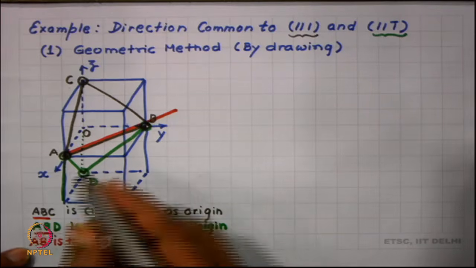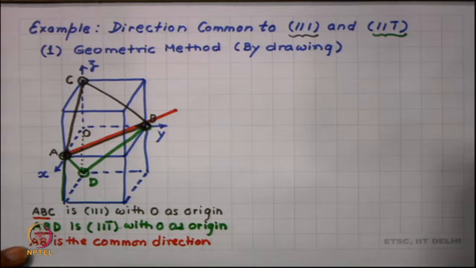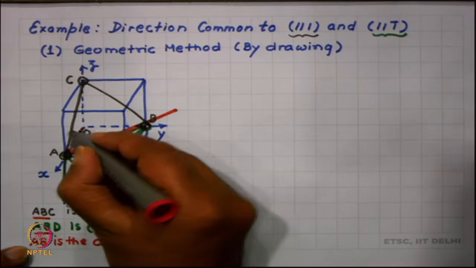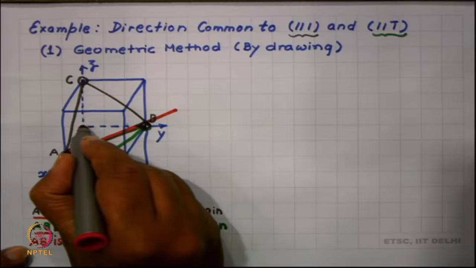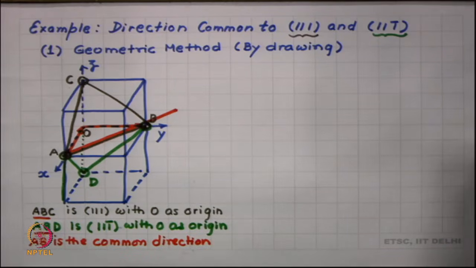And how do I find its Miller indices? Well, I can now choose A as my origin and try to move in the direction AB. To do this, I take a negative 1 step along x and a positive 1 step along y, and I do not have to go along z.